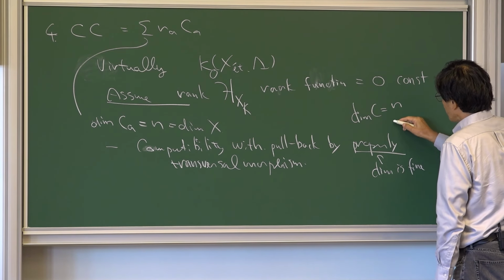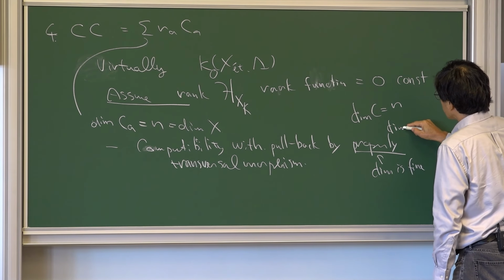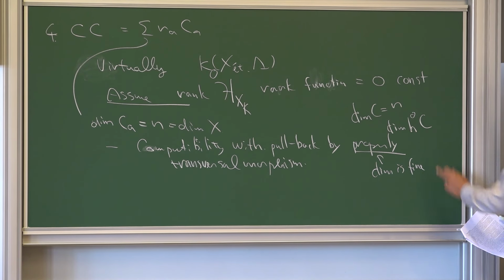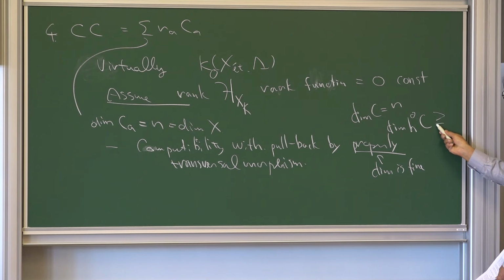But we need to work with this pullback, and in general we have only an estimate from below. But this property means that we want to have equality here, for all irreducible components.